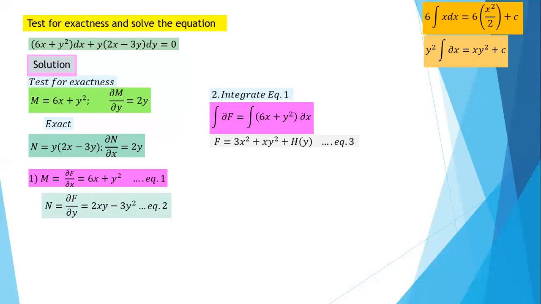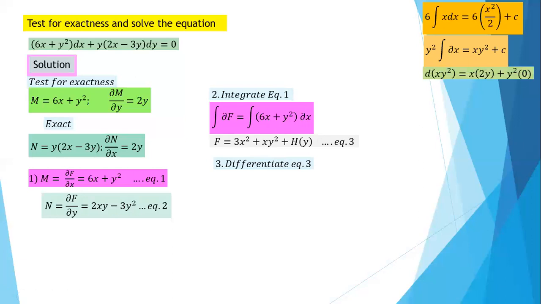Next, we differentiate equation 3 with respect to y. The derivative of 3x² is 0 since x is constant. What is left is xy², where x is constant.